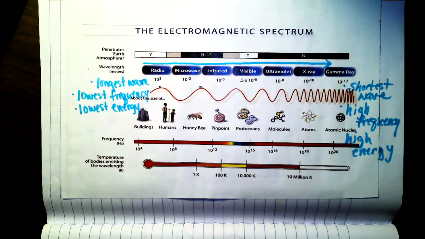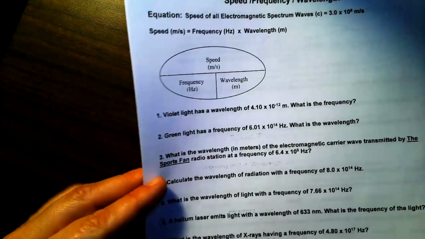And so we can calculate those relationships. I'm going to do a practice problem or two with you to refresh your memory. There were three formulas that come up when calculating wavelength, frequency, and energy.